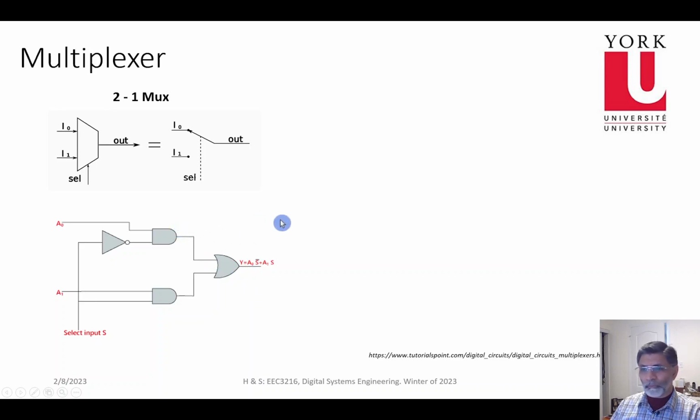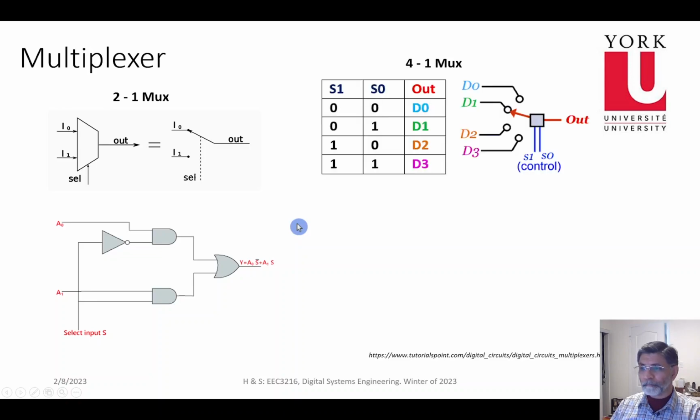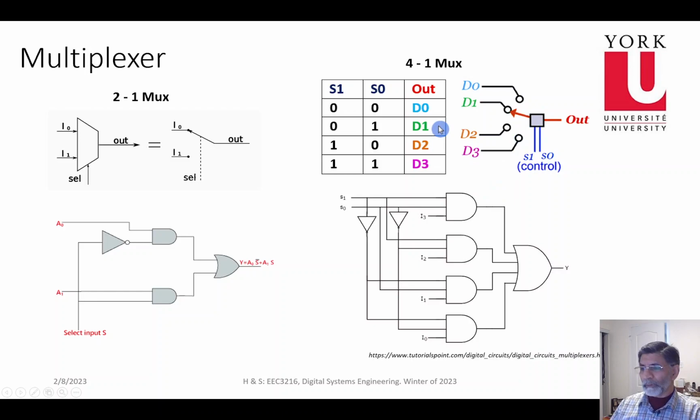I'll briefly show you the behavioral code. This is showing a 4-to-1 multiplexer. Here we had only one select input, but here we have two select inputs. Two select inputs will give you 4 different values: 0 0, 0 1, 1 0, 1 1. Depending upon those, again just like a switch, either D0, D1, D2, or D3 would be going to out, as the case might be.